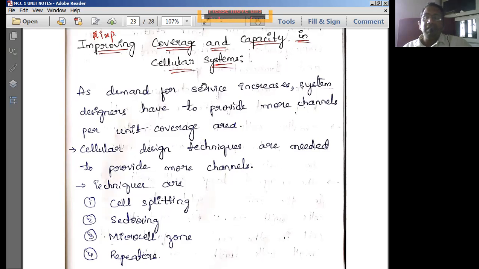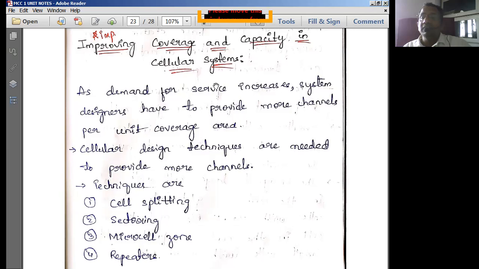Nowadays every human being has 3 to 4 mobiles, 3 to 4 SIMs, so he is handling 3 to 4 mobile units. Day by day this count is increasing, but the base station count cannot be increased to that extent. So the problem comes here.